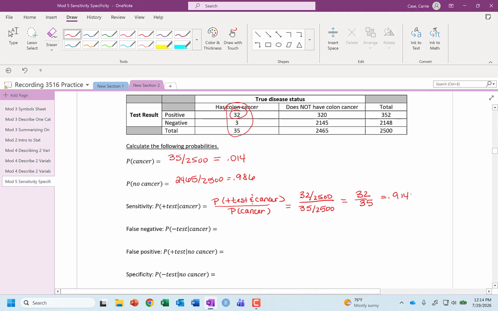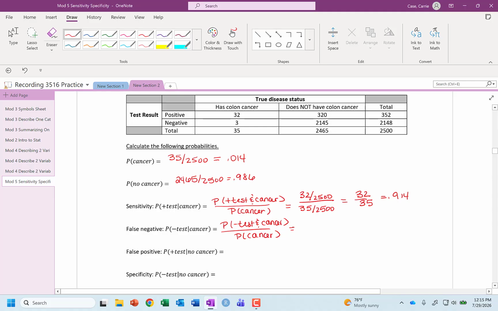And now let me clear up my contingency table circles. A false negative is the probability of getting a negative test given that the person has cancer. So we do the exact same thing we just did with sensitivity, but with the appropriate number. So it's the probability of having a negative test and cancer divided by the probability of having cancer.